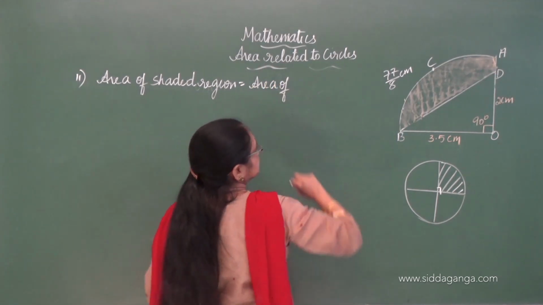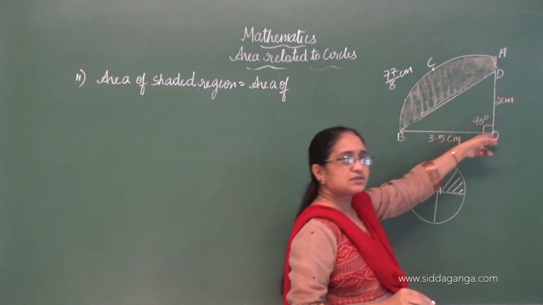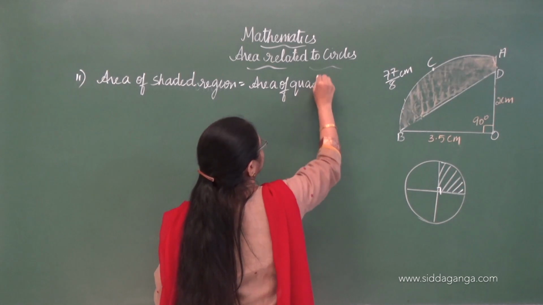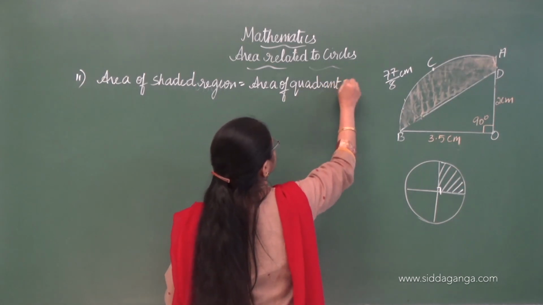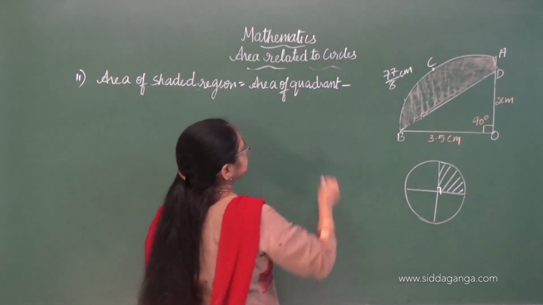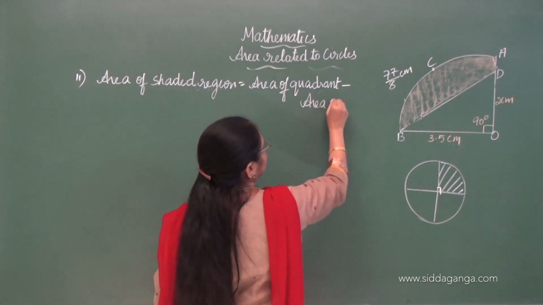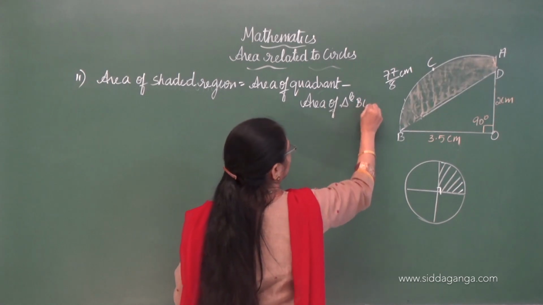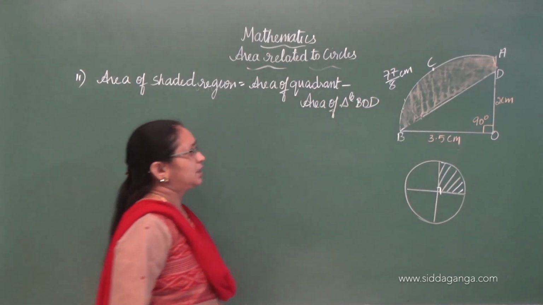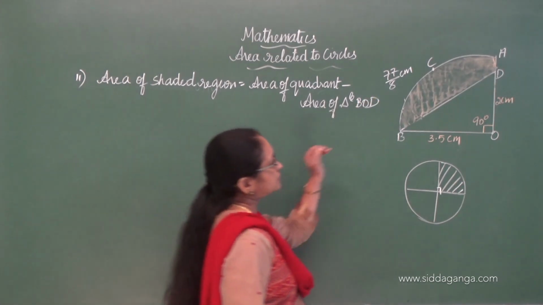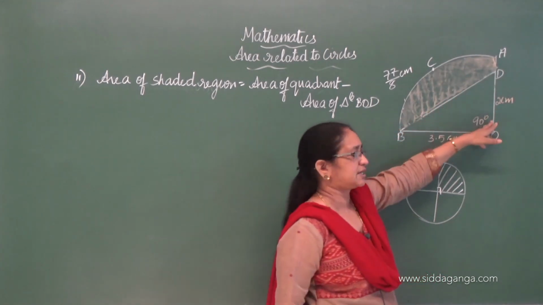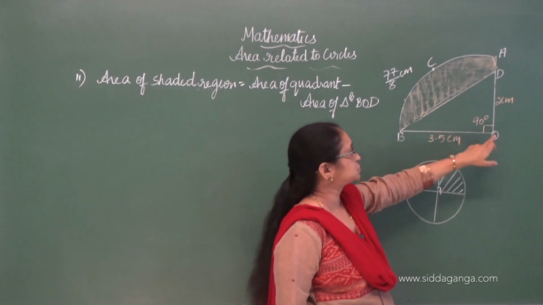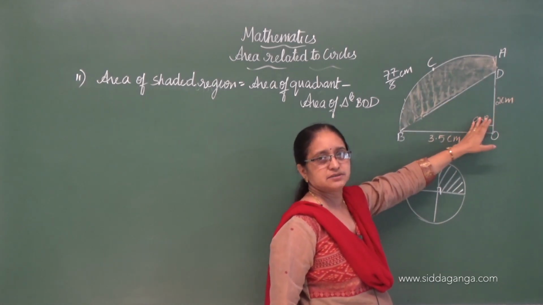Shaded region means area of the quadrant minus area of triangle BOD. I hope you understood. Area of this triangle. Since it is a right angle triangle, they have given quadrant, then you should know it is a right angle triangle.